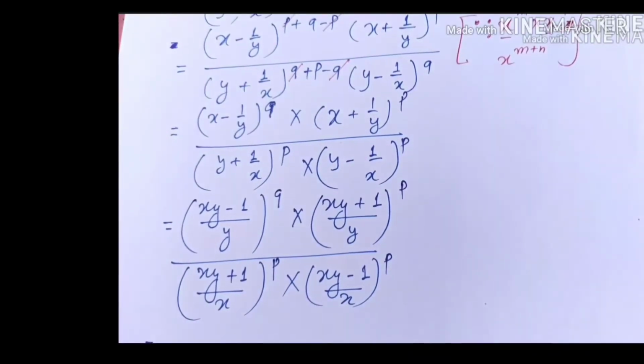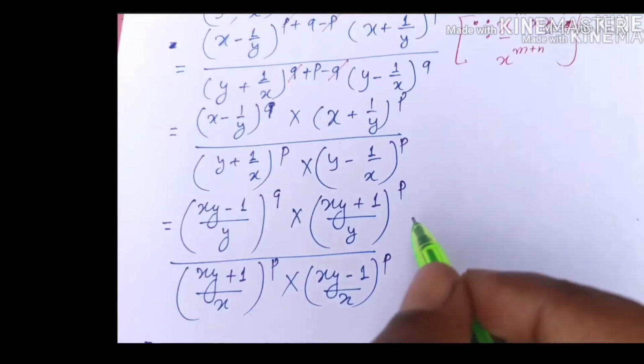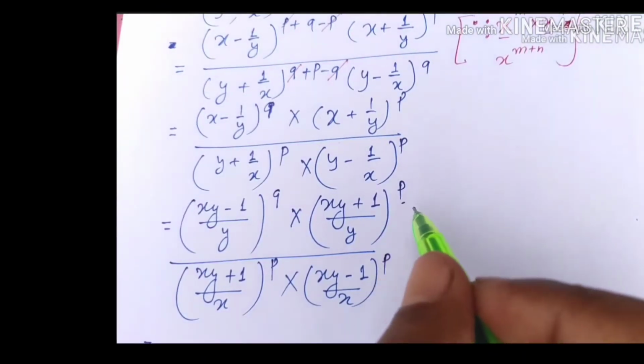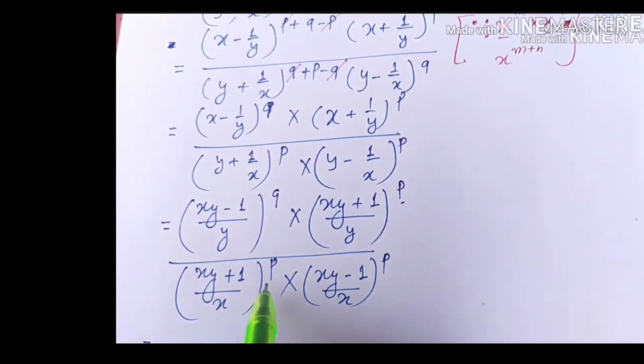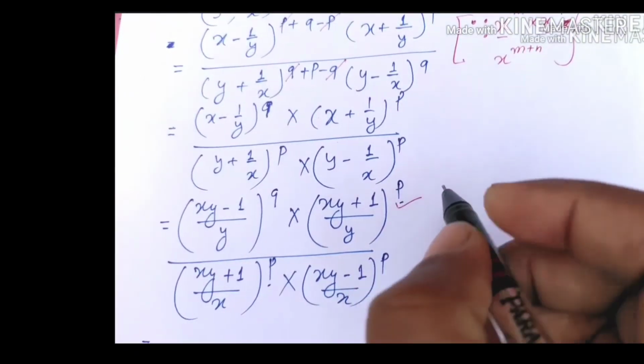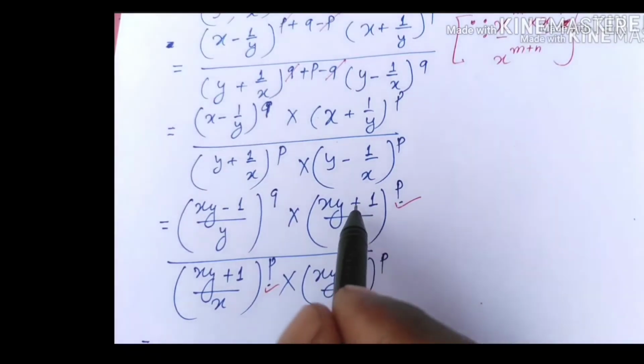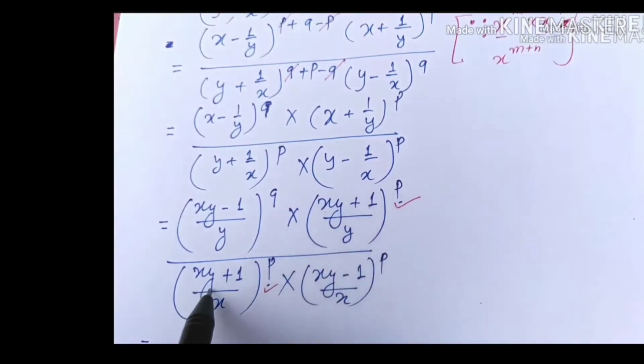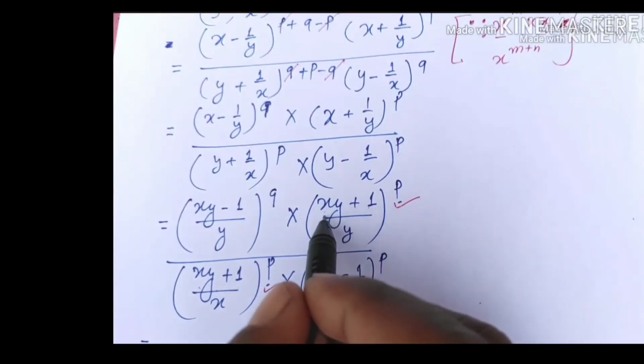Dear students, now you can see that this power p, and here is also power p, this term, this power p and this power p. You can see that here is x plus 1, here is xy plus 1, this and this.